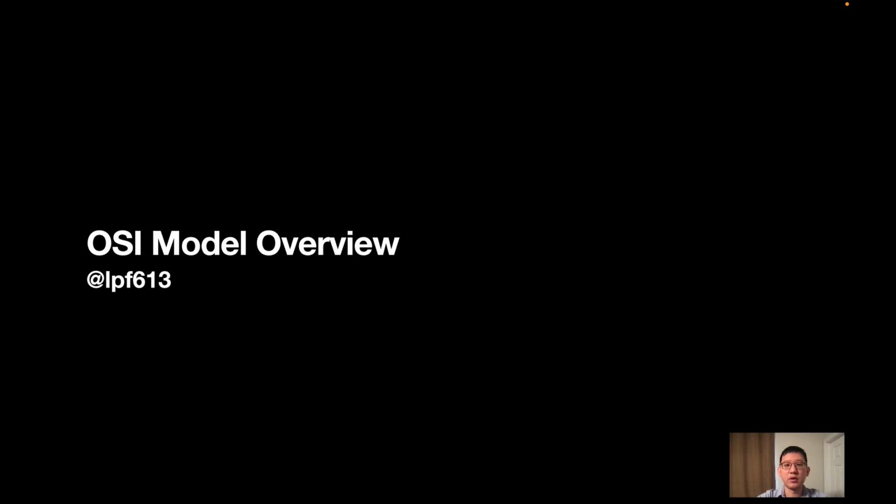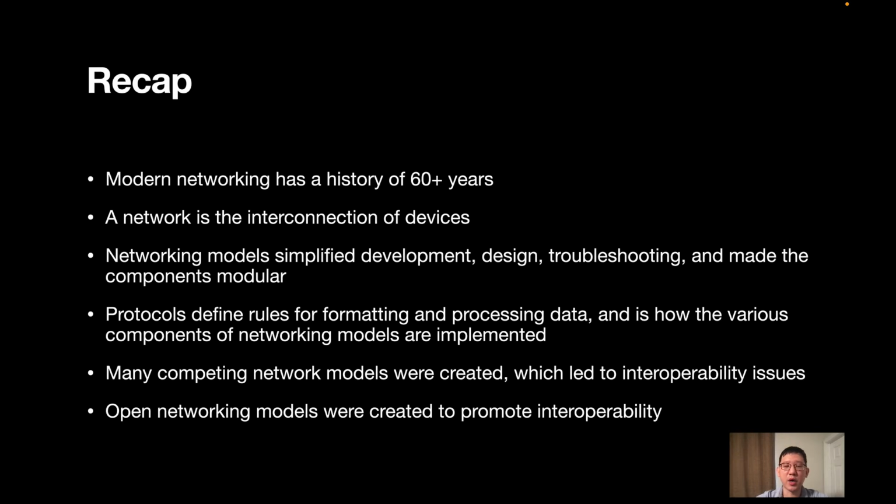So in this video, I'm going to give a high-level overview of the OSI model. Just to recap what we talked about in the introduction, modern networking has a history of over 60 years. A network is really just an interconnection of many devices. Networking models were created to simplify development, design, troubleshooting, and to make the components modular.